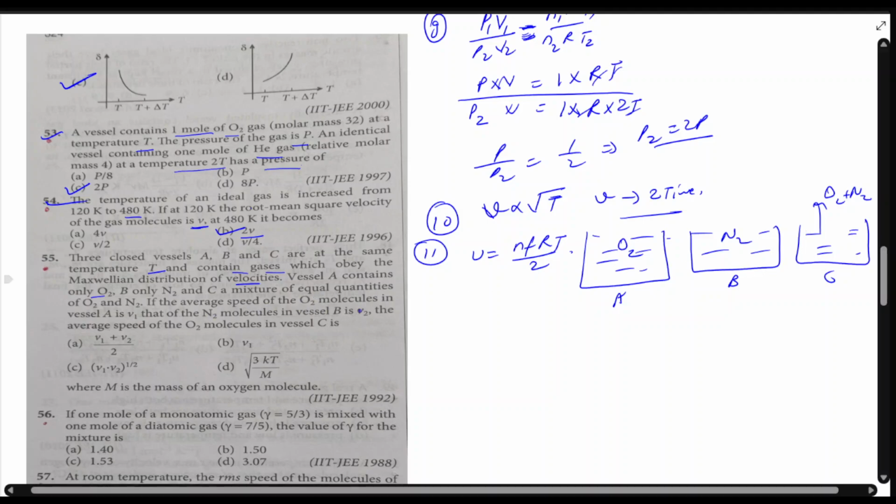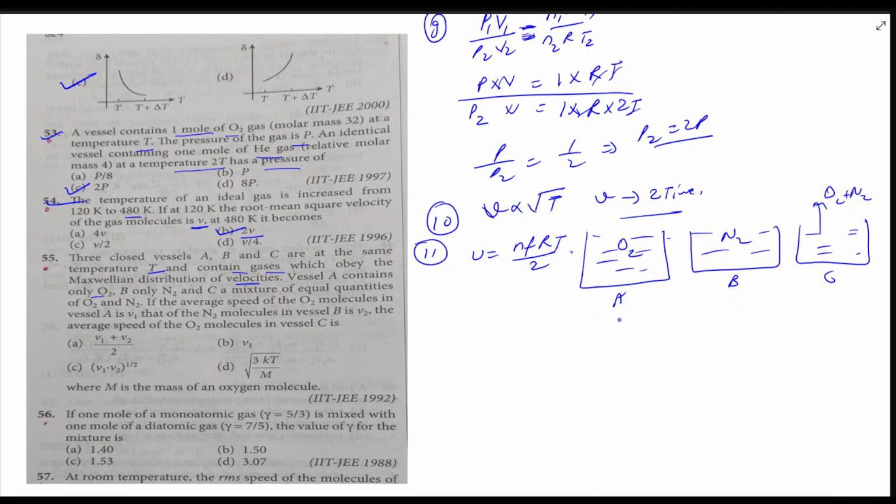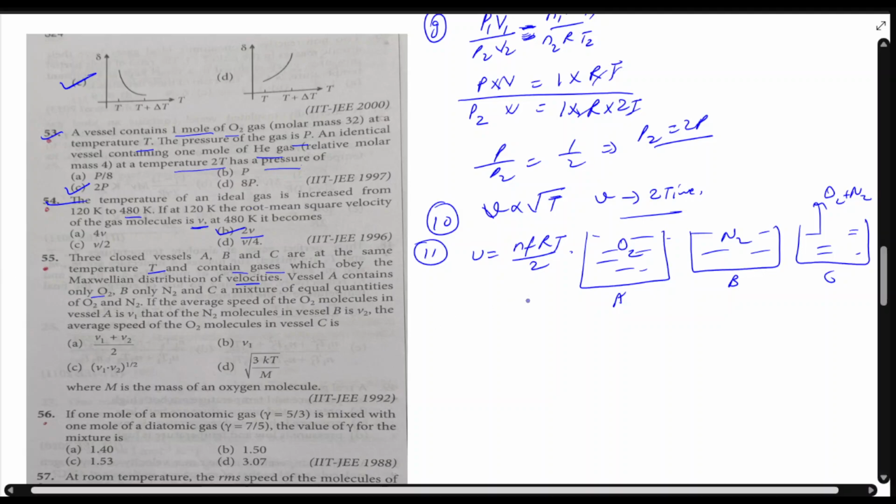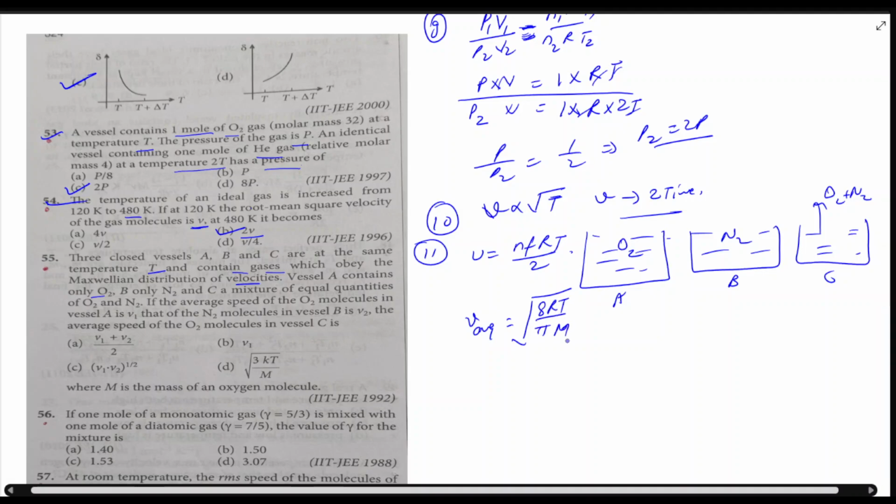If the average speed of O2 molecules in vessel A is, so the average speed of the molecules, what was the formula? It will be root of 8RT by pi M. M is the molecular mass, R is the gas constant, and T is the temperature.